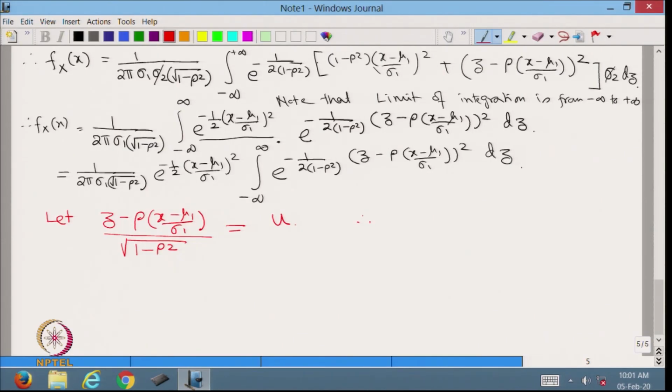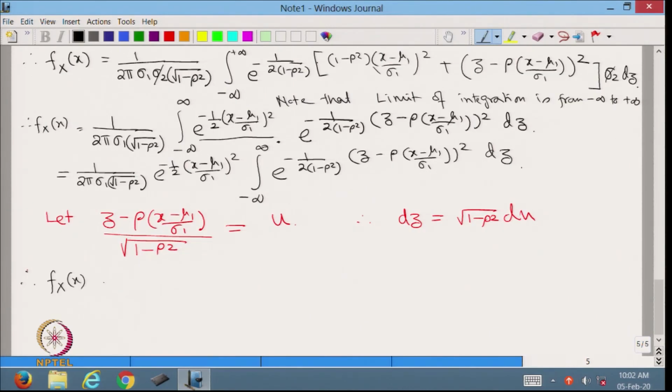Therefore, dz is equal to root over 1 minus rho square du.